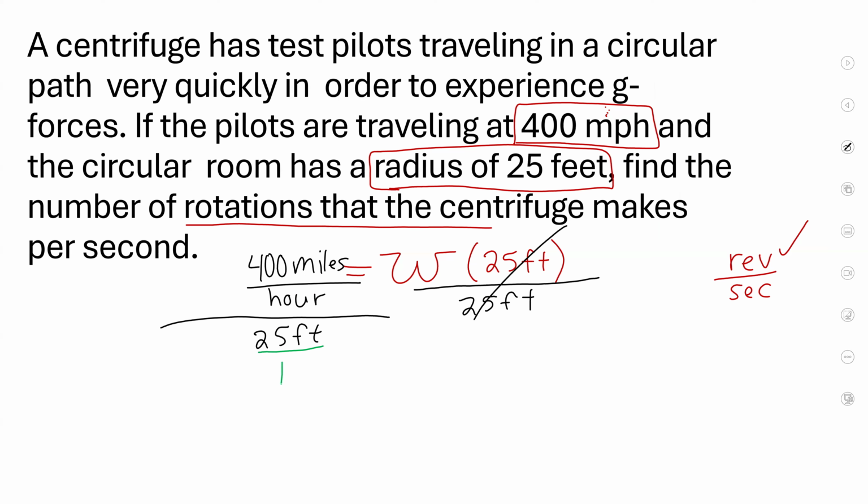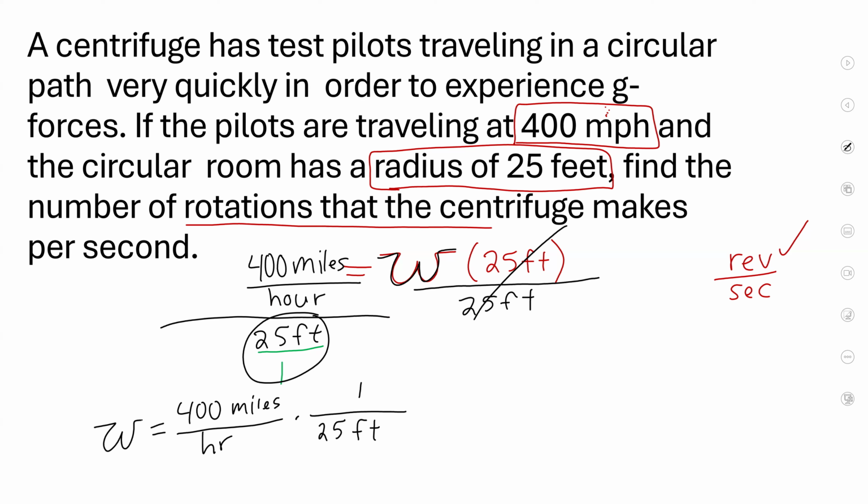You can put this over 1. And remember, whenever you're dividing fractions, you flip the second one and multiply. So this is 400 miles per hour times, you're going to flip this. So now the 1 is on top. The 25 feet is in the denominator. And this is equal to omega. So I'll just put it on this side.